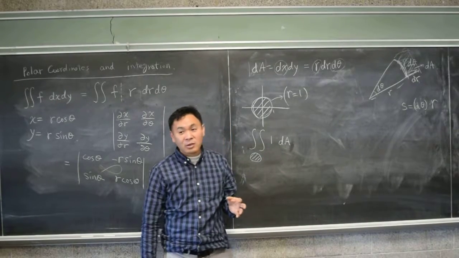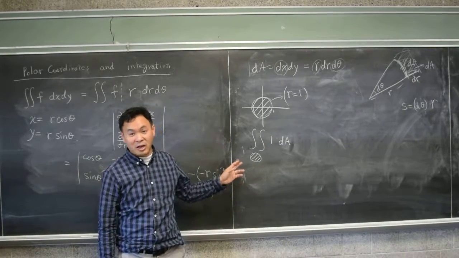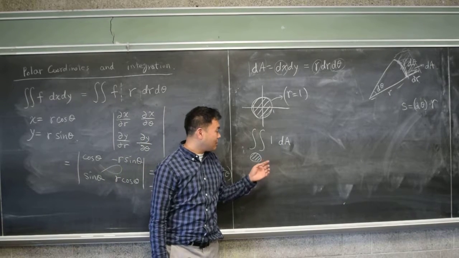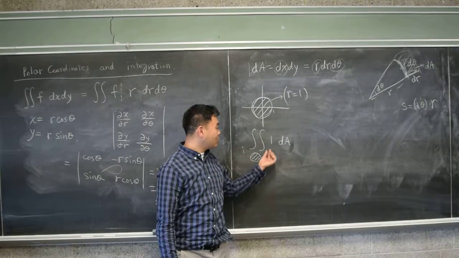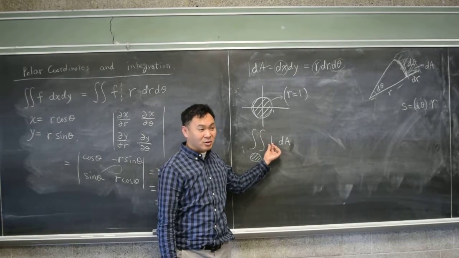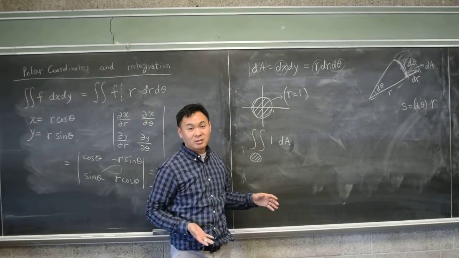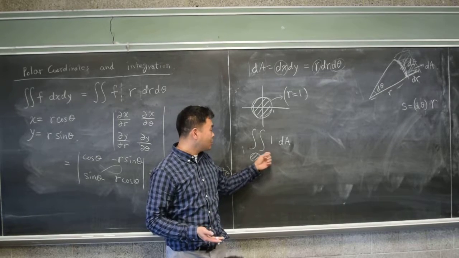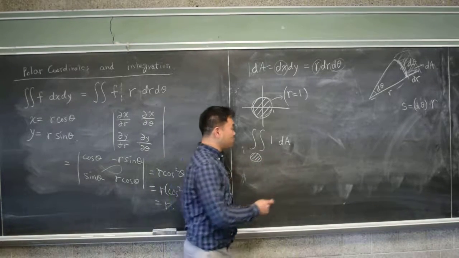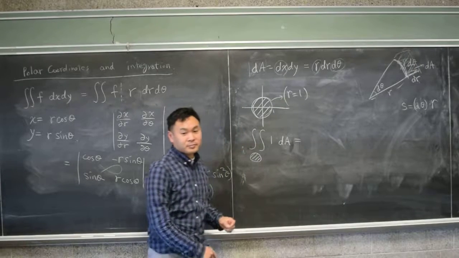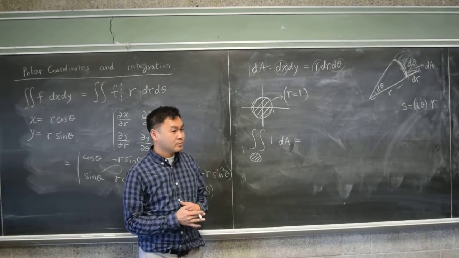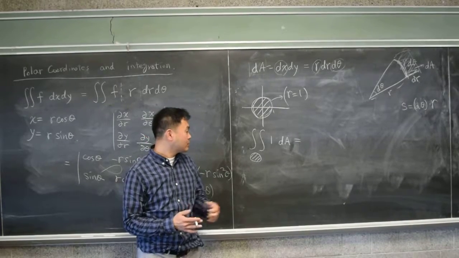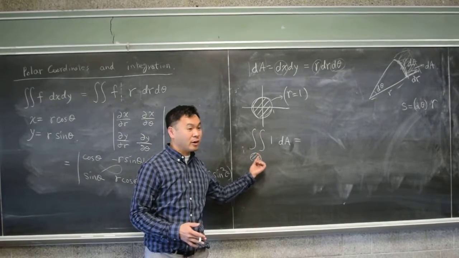By the way, this is something that we're going to use a lot. If you want the area of a domain, just integrate 1 over that domain, because that's going to give you the base area. So what's the answer for this if we computed this? What's the base area?